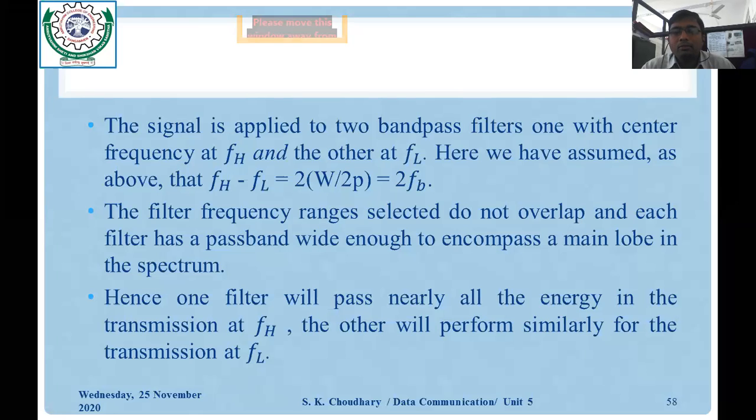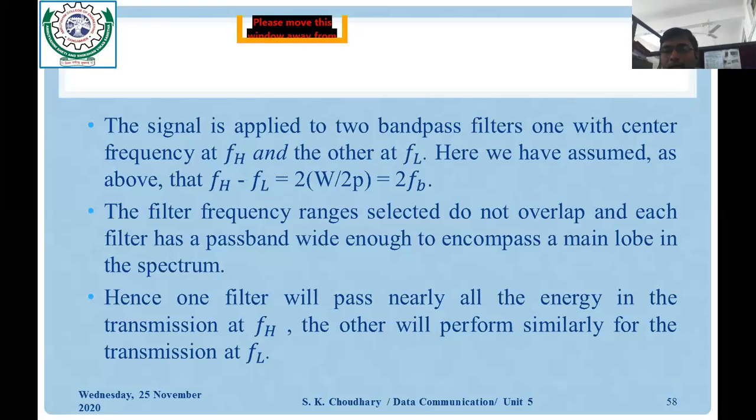The signal is applied to band pass filters with center frequencies FH and FL, and here we have assumed that FH minus FL is twice FB, so the filter frequency ranges never overlap, and each filter has a pass band wide enough to encompass the main lobe of the spectrum. Hence one filter will pass nearly all the energy in the transmission at FH.